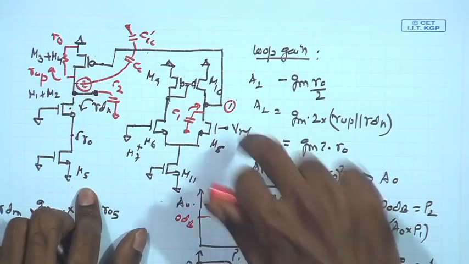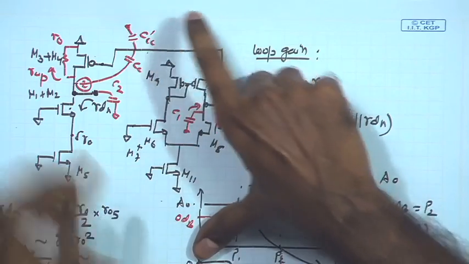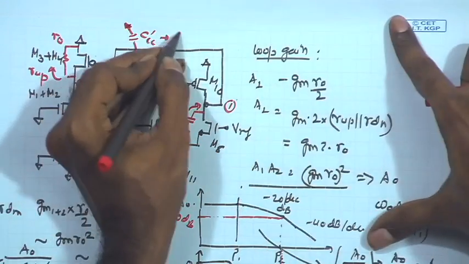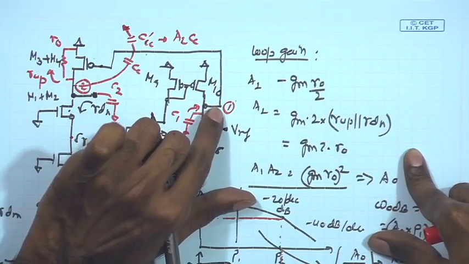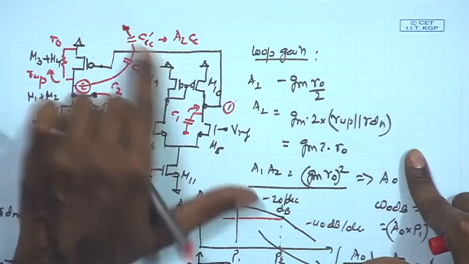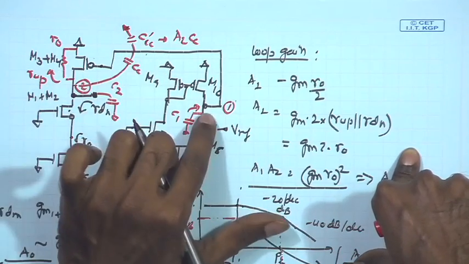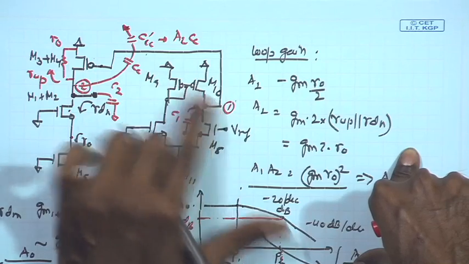The equivalent capacitance CC1 coming because of this CC at node 1 will be A2 times CC, and as a result the first node will be experiencing a large cap, and we can push the pole over here to a much lower frequency.